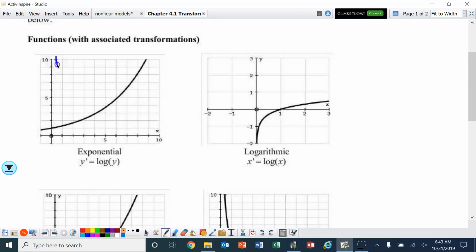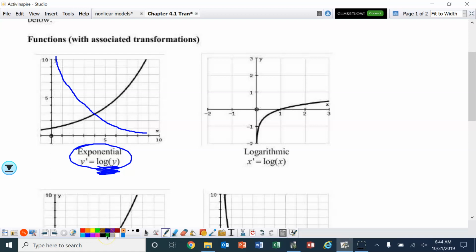So we can also use this if the line is curving down. So what we're going to end up doing to transform the data is we're going to take the log of y. So that's exponential. So if the dots have a curve, either curving down or curving up like that, that is a possibility.